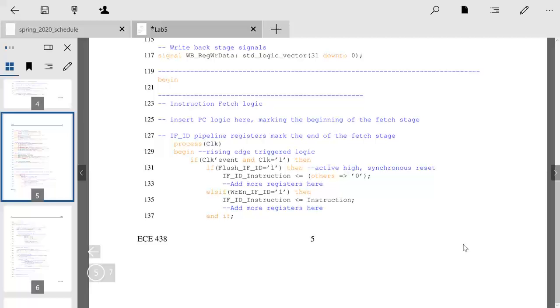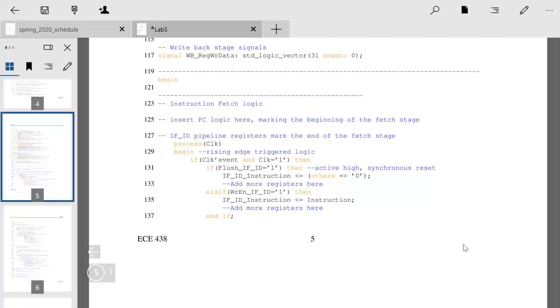So line 130 says if clock event and clock equal 1. Now you can also replace that with a rising edge statement. There are newer statements in VHDL that allow you to specify the same thing.